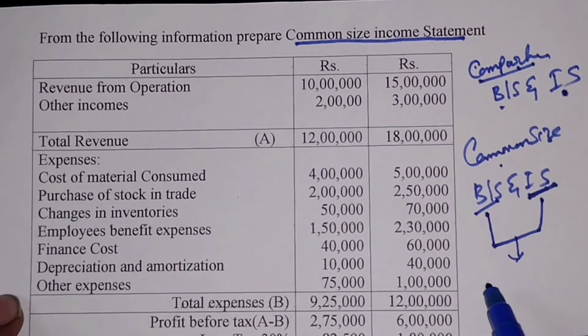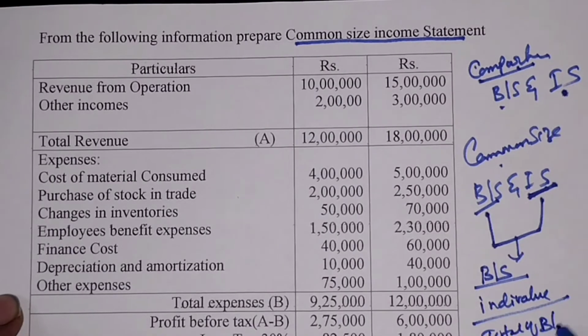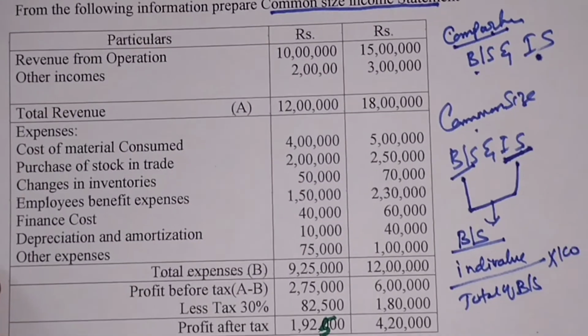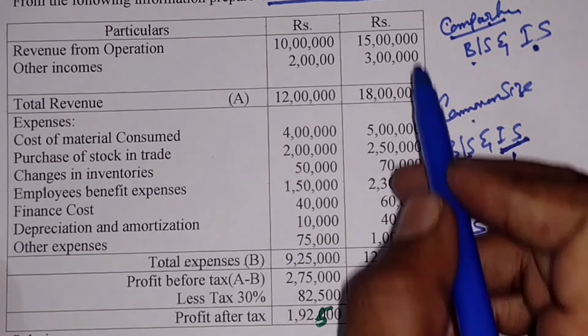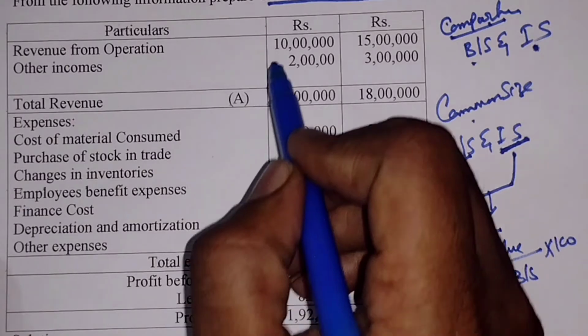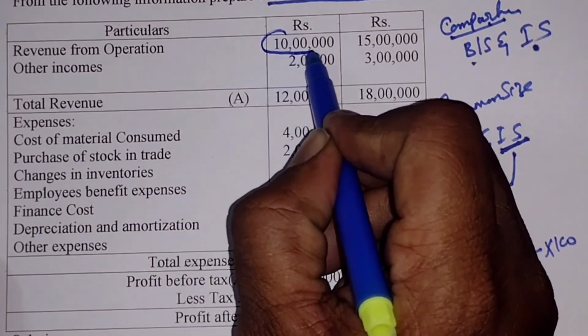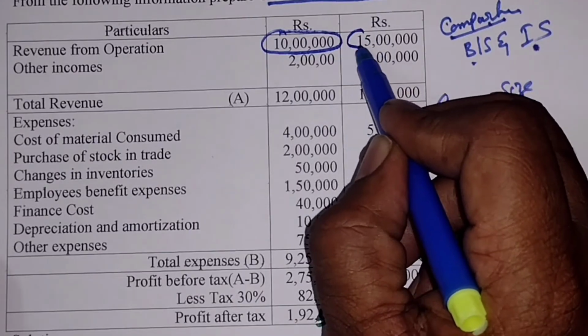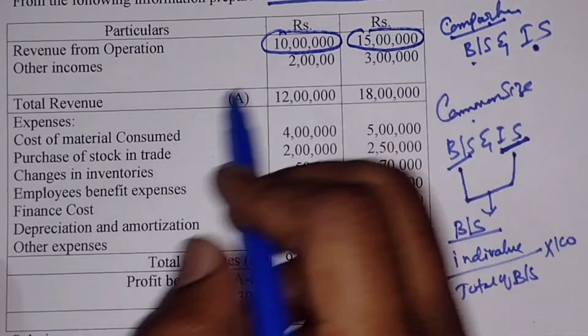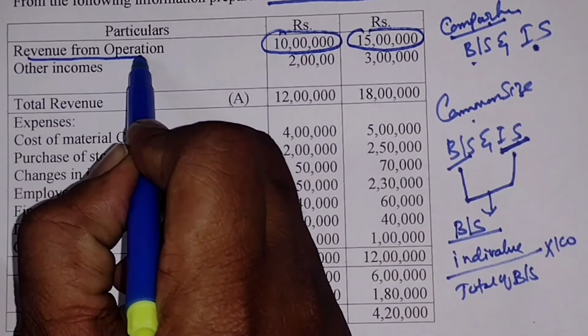The calculation for the balance sheet is every individual value divided by the total of the balance sheet into 100. But in the income statement, every individual value has to be divided by 10 lakhs. That is, every individual value has to be compared with the revenue from operation.